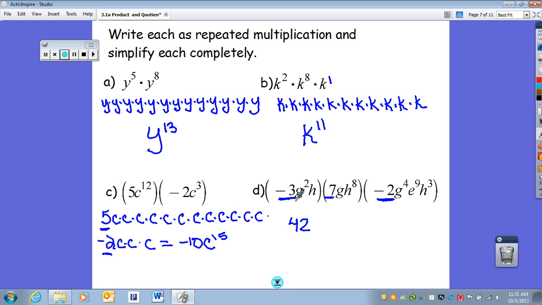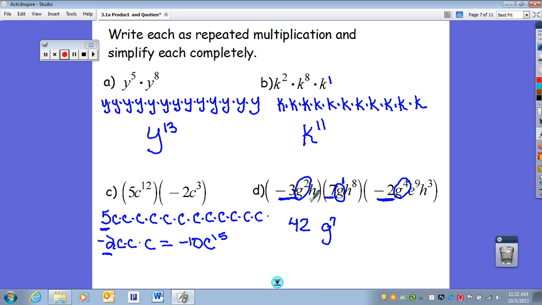Next, I'm going to look at my bases that are the same. So I have g to the second, I have a g, which we remember is g to the first power, and then I have a g to the fourth. So that's going to be g, and I add the exponents. 2 plus 1 is 3, plus 4 is 7.